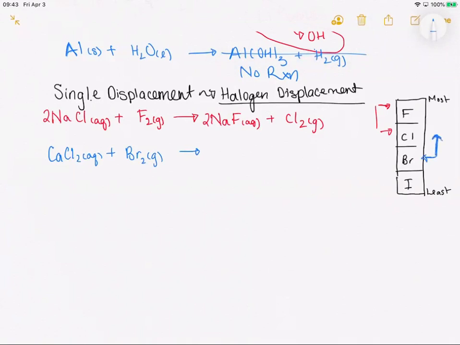It's trying to go higher. It can't, right? In the previous case, we had fluorine moving down. Here bromine is trying to move up. That is not possible. There's no reaction. I guess you could predict it would be calcium bromide plus chlorine gas. No, not going to happen. So bromine does not have the ability to displace chlorine from the ionic compound.